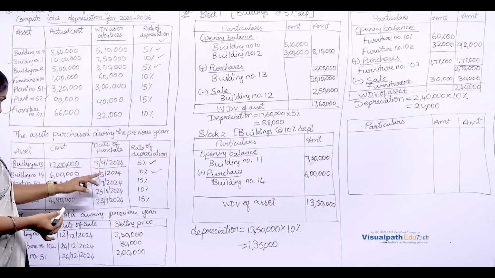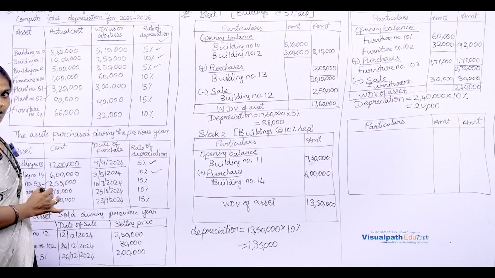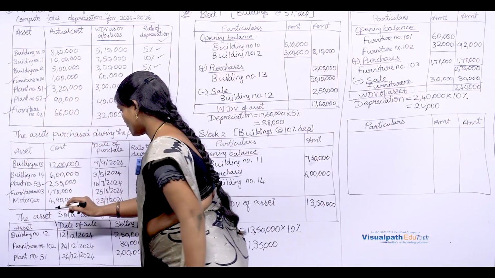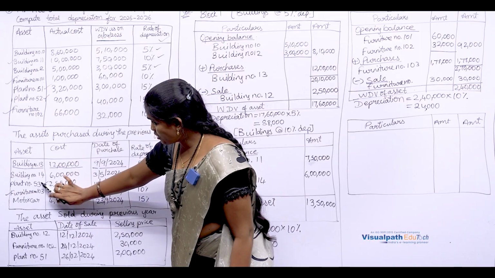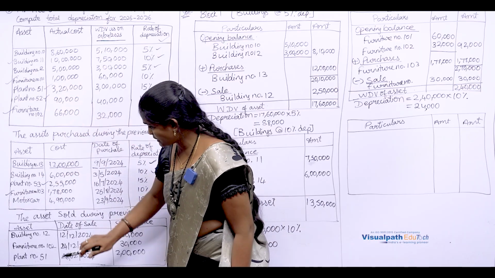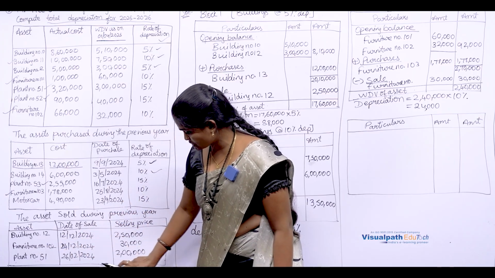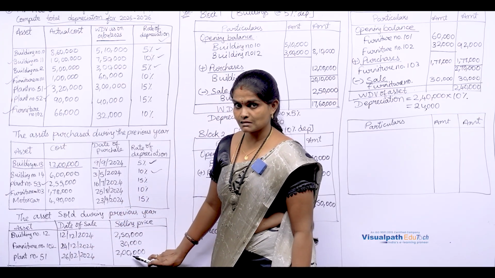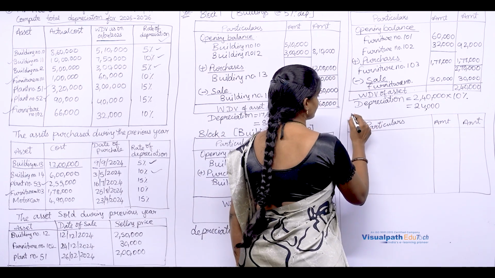In additional purchases you also have plant number 53 and a motor car. Motor car we will do separately. Then all plants we will put together. Even in sale details you have plant number 51, which is sold for 2 lakhs. Clear?